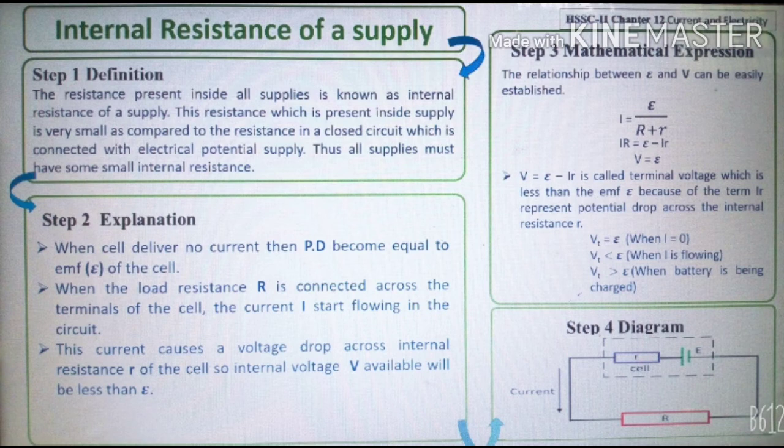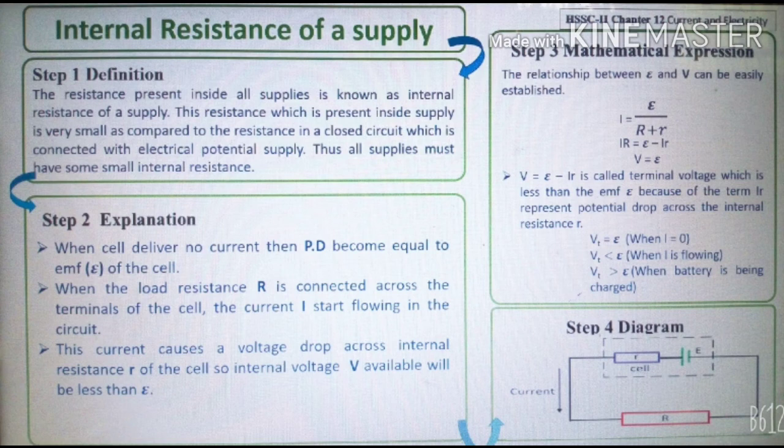There are some certain conditions. Terminal voltage is equal to EMF when current is equal to 0. Terminal voltage is always less than EMF when I is flowing, meaning current is flowing across the circuit. Terminal voltage is greater than EMF when the battery is being charged. So now the last step, number 4, is related to the diagram.